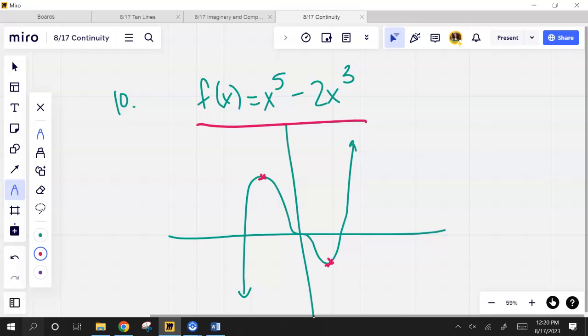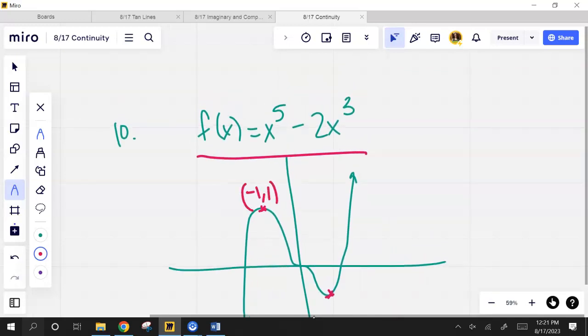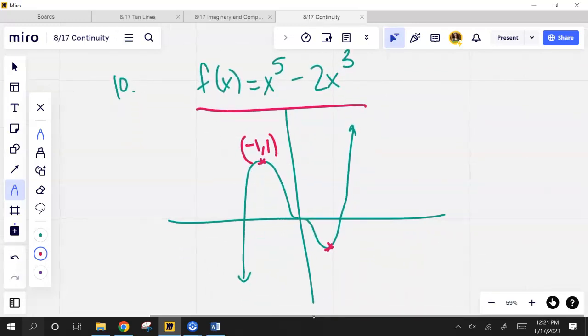Looking on this graph, this point looks like it's about -1, 1. This point down here looks like it's about 1, -1. Does everybody agree? It is precisely -1, 1 and 1, -1.